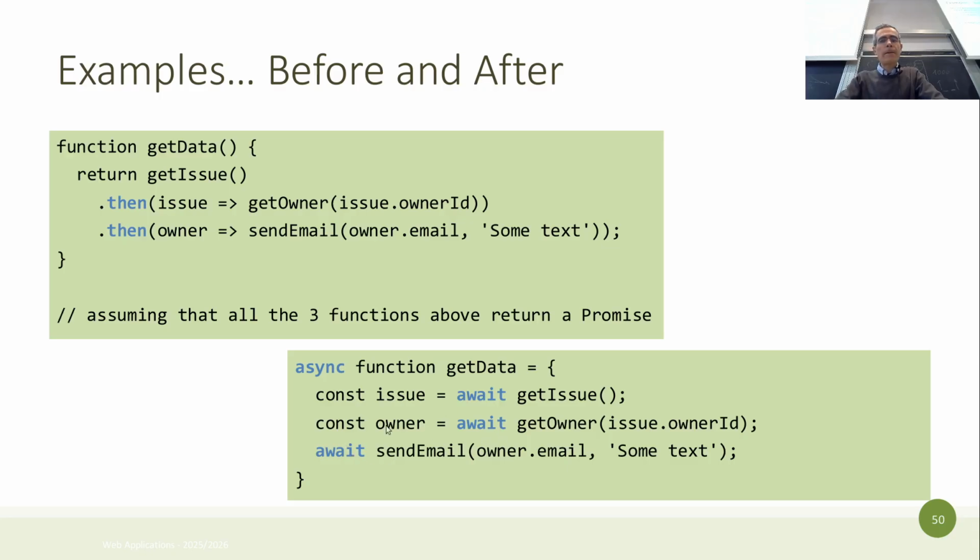Okay, so getIssue, asynchronous function, so it has to be called inside an async function, okay, otherwise you get an error. And it gives you a value, and the value is the value of the fulfilled promise.